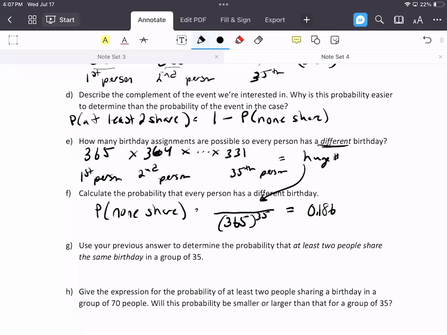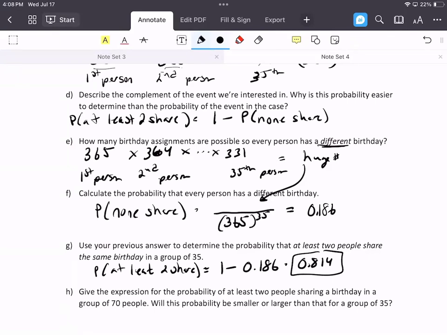Well, remember the probability that at least two share is 1 minus the probability that none share. And we end up with 0.814. That's really big. In fact, if I polled the class, that's over an 80% chance that two people in this room, if we were in person, would share birthdays.